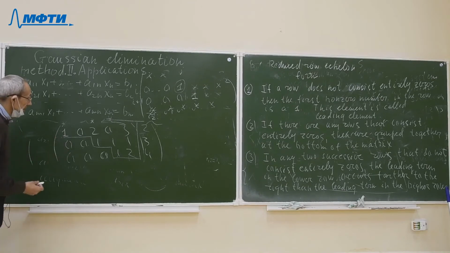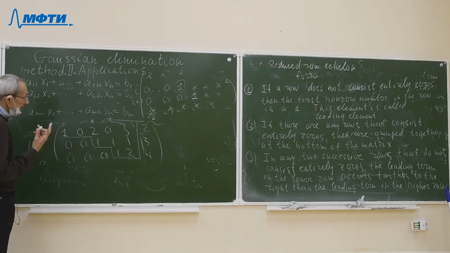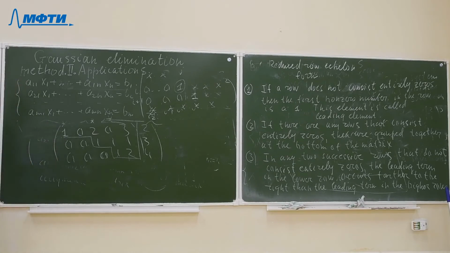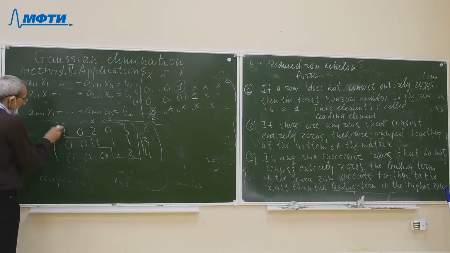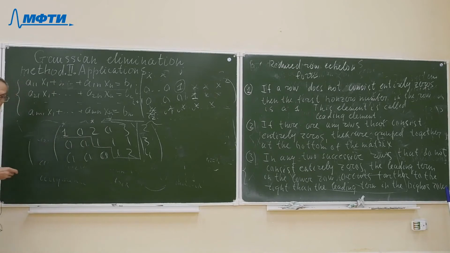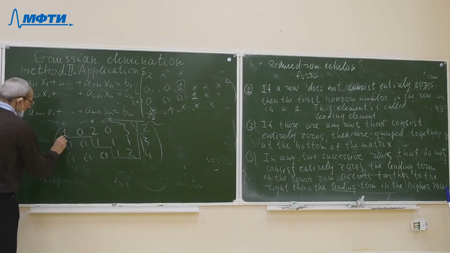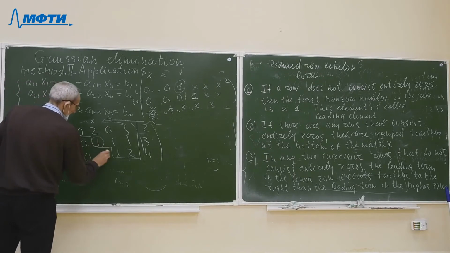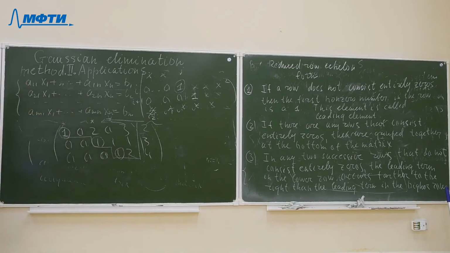It is easy to see that there are columns which contain the leading element of some rows. In our case, we have the first column, third column, and fourth column, and we have this leading element.